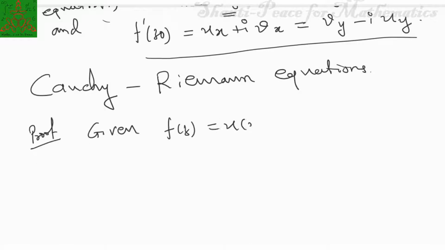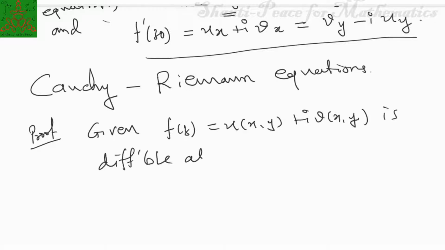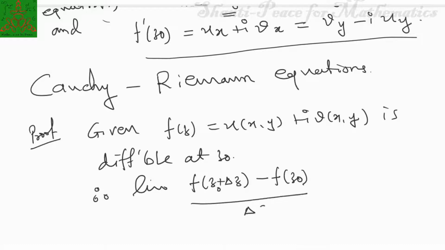Suppose f equal to u of x,y plus i v of x,y is differentiable at z0. Hence by definition we can say the limit of f of z0 plus delta z minus f of z0 upon delta z as delta z tends to 0 equals f dash of z0.